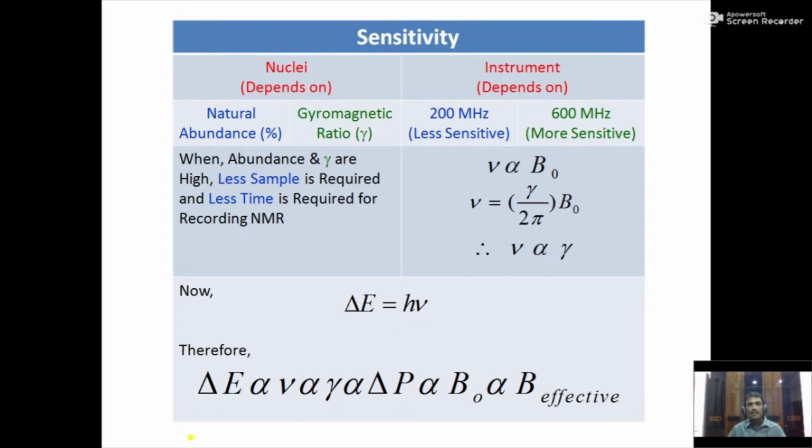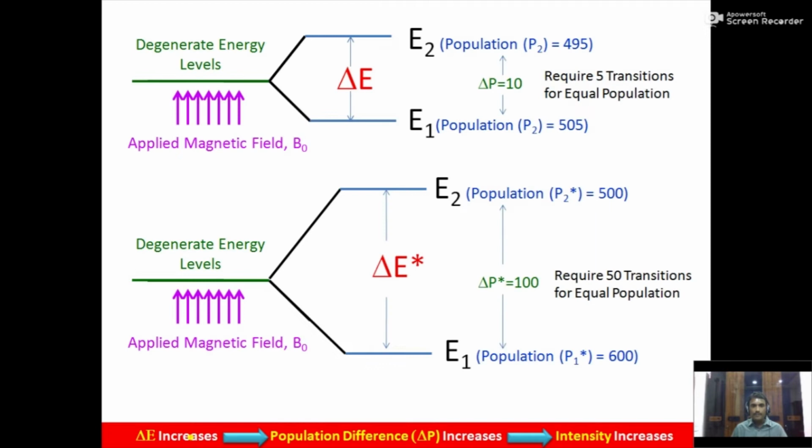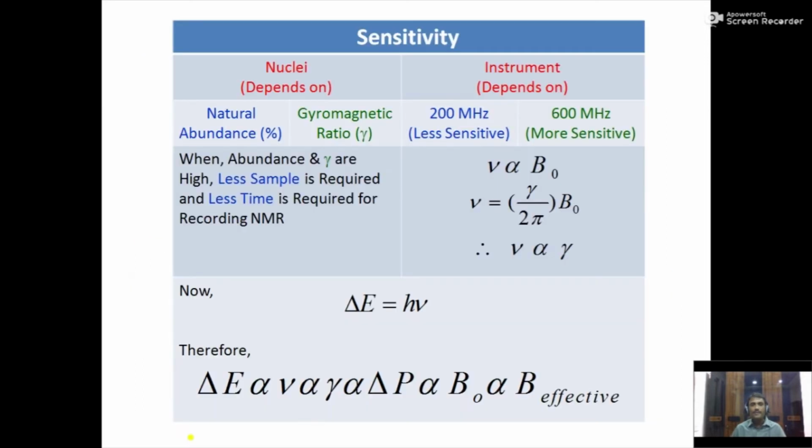Now delta E is equal to h nu. So we can say that from the previous slide, delta E is directly proportional to delta P, which is directly proportional to the intensity of the peak, and from this current slide we can say that delta E is directly proportional to the frequency, it is directly proportional to the gyromagnetic ratio, which in turn is directly proportional to the population difference between the two energy states, which is directly proportional to the applied magnetic field, and which is in turn directly proportional to the effective magnetic field, which is actually experienced by the nuclei.